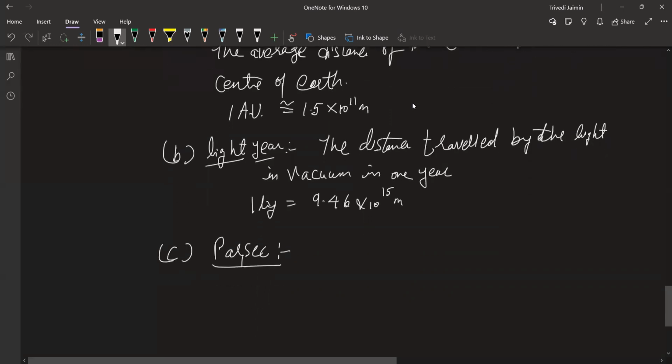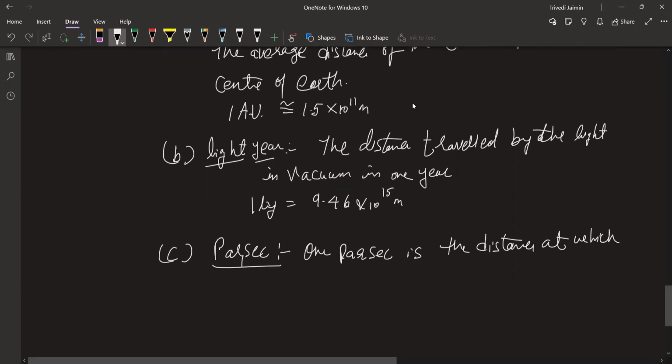Let's write this. One parsec is the distance at which an arc 1 AU long subtends an angle of 1 second.